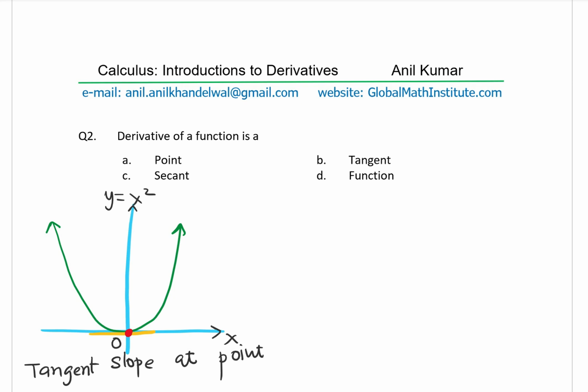And if I find a tangent at some other points, then that's the tangent, which is some positive value. So at this point we have a positive value, and we see that it is increasing, right? Similarly on this side also it is negative though, but negatively increasing, or you can say decreasing.